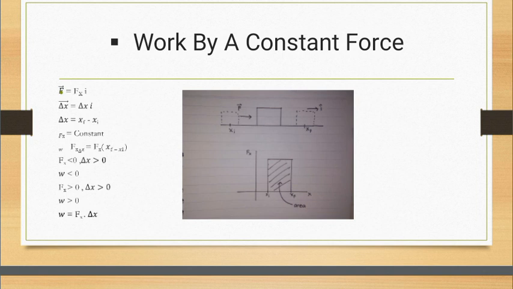So work is the product of the force Fx times the displacement, and that's equal to Fx times x final minus x initial, and this is our definition for work for the special case where the force is constant.